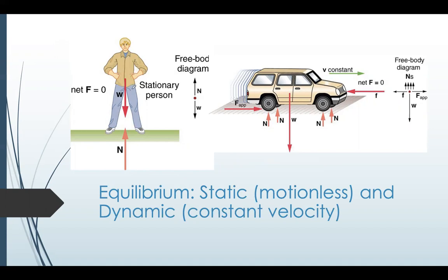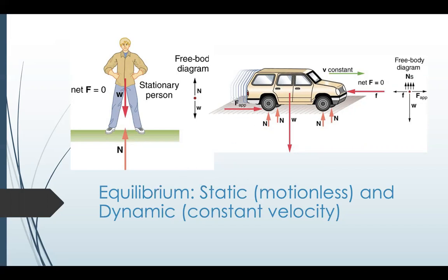There is a weight that he is applying to the ground due to gravity, and the ground is also applying a normal force in the complete opposite direction. So our net force on this stationary person is zero. This is called static equilibrium.